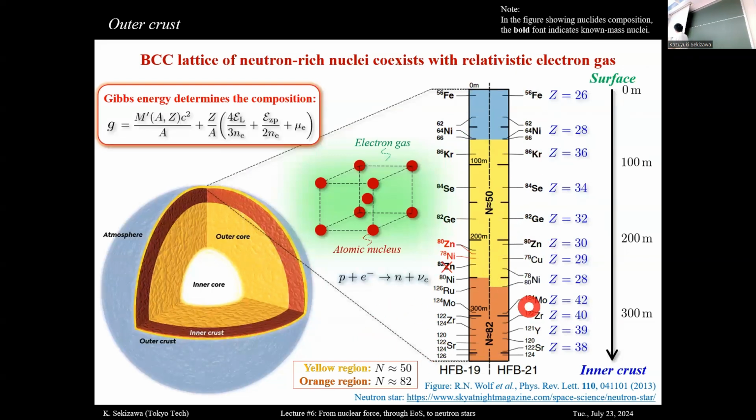In the neutron-rich region, we have some nuclei without experimental masses. In such a case, we need to employ some theoretical mass models, like Hartree-Fock, HFB, or some other mass models. But anyway, using some information on nuclear masses, you can easily calculate those elements inside the outer crust.